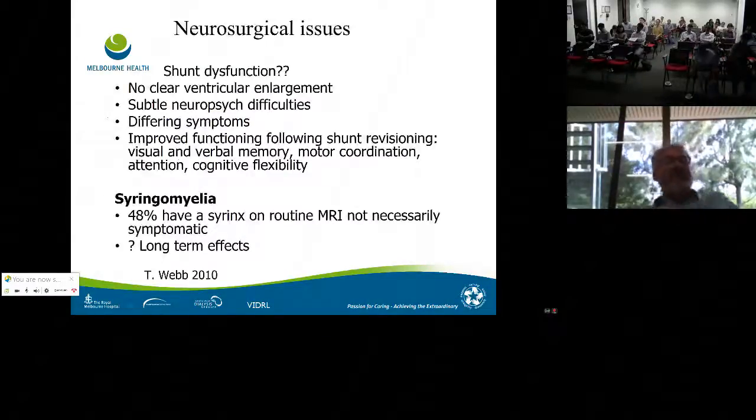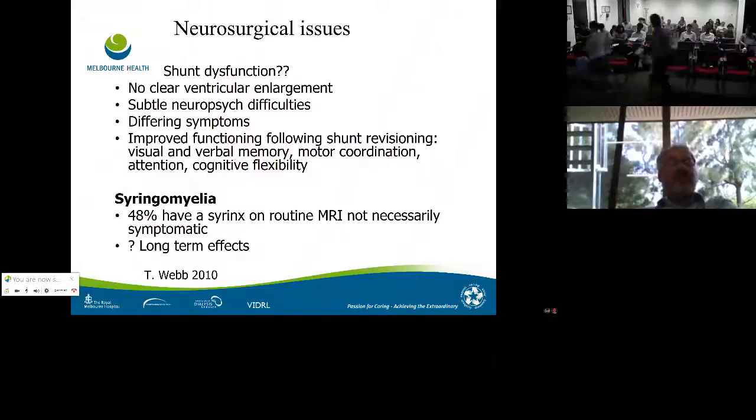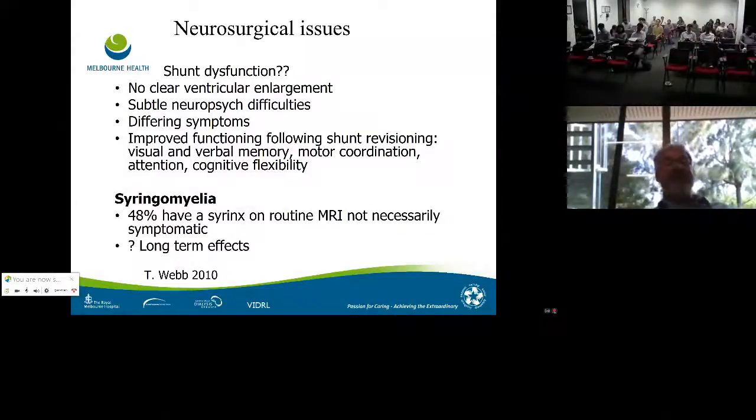So the neurosurgical issues: has there been shunt dysfunction, which is not always all that easy to see. A lot of these patients have ventricular enlargement due to hydrocephalus prior to birth, and so you can't just go on whether there's ventricular enlargement, but you need to look at other clinical things in terms of looking if there is a major issue with shunt dysfunction.